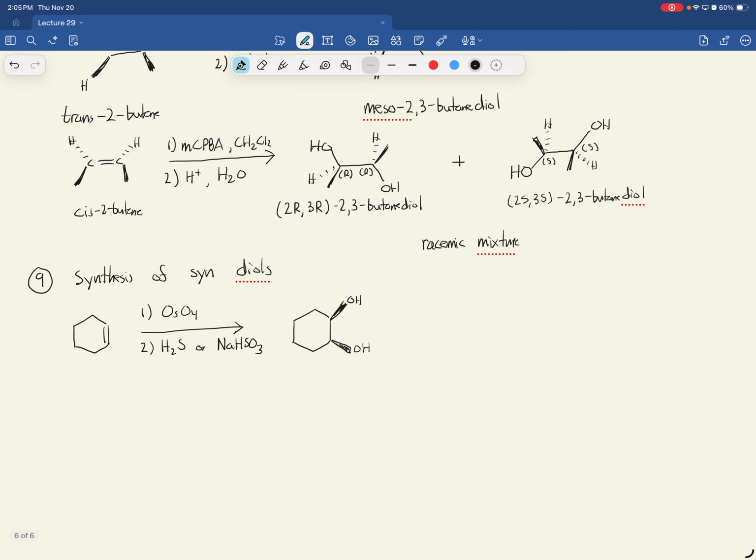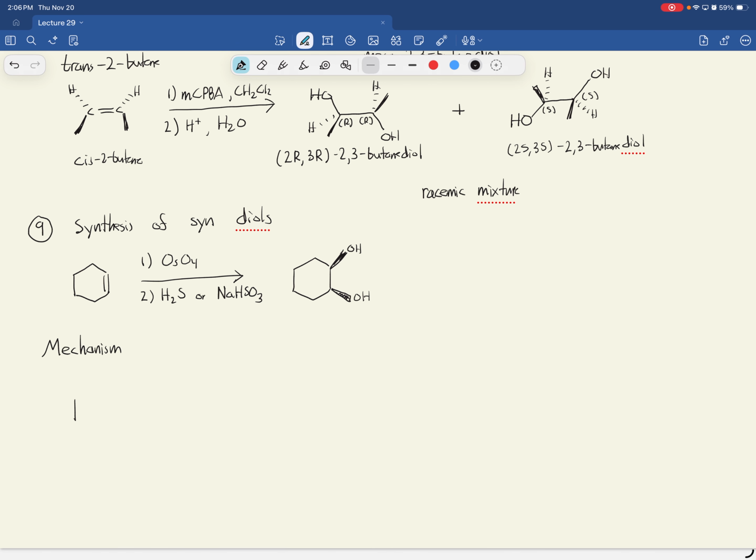All right, so the mechanism here, similar to the mCPBA, but not quite. All right, you have your alkene. So if it adds to the same side, what do you think has to happen? Do you guys have any ideas, like what has to happen here?